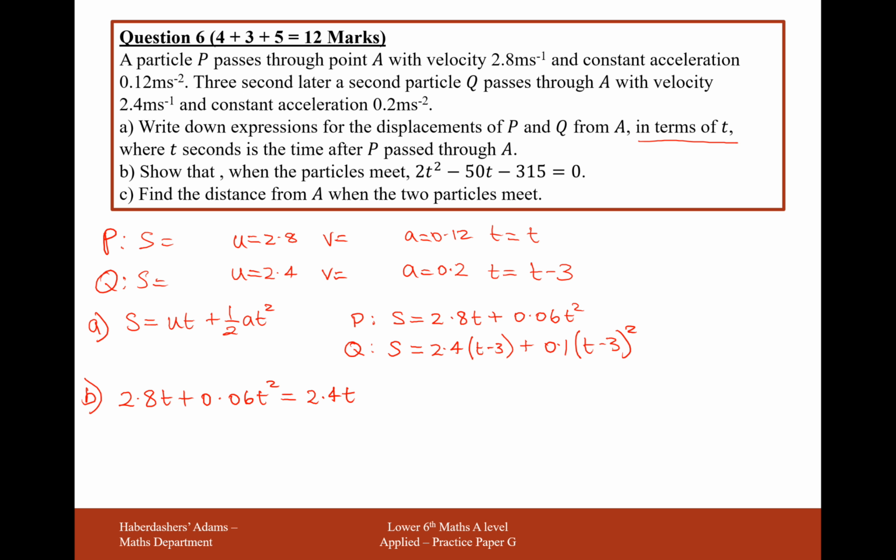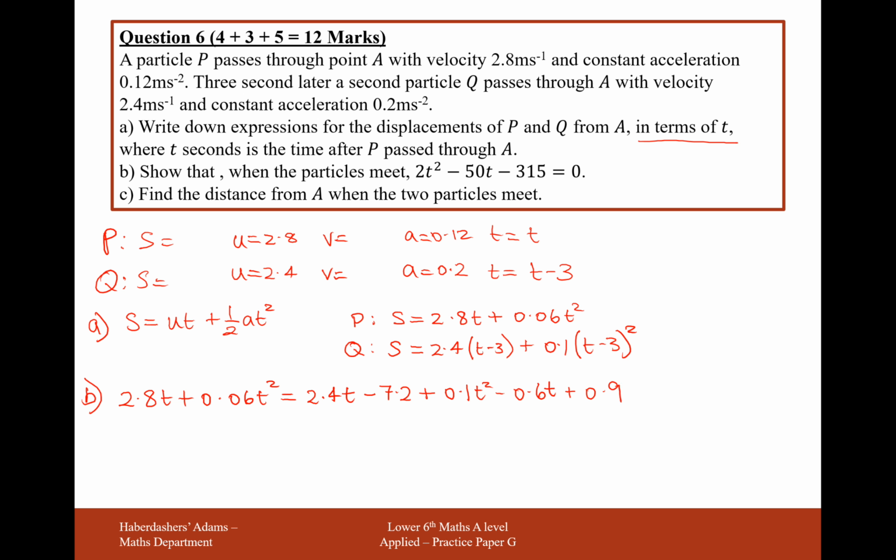Expanding the brackets on the Q part, we get 2.4 T minus 7.2 as a number, add, and now expanding this, we get 0.1 T squared, take away 6 times T times 0.1, so 0.6 T, and then a double negative, so a positive 9 times 0.1, so that's 0.9.